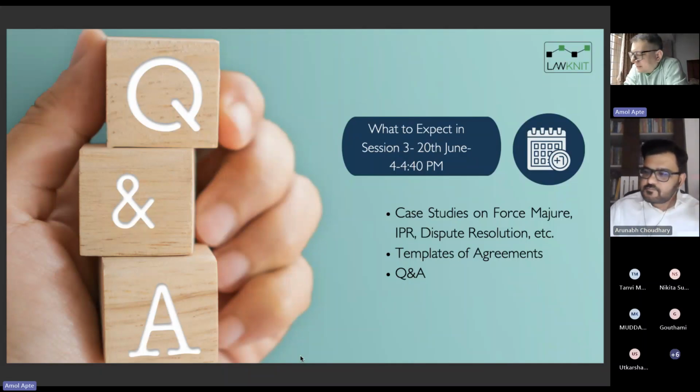Got it. So see, typically, the Contract Act doesn't define anything as memorandum of understanding per se. So the difference lies in the way the intent of the parties is captured in both the documents. Just because I have named a document as memorandum of understanding and not as a contract or an agreement doesn't mean that it is not an enforceable document. But what we'll have to see is how the intent of the parties is captured in the document.